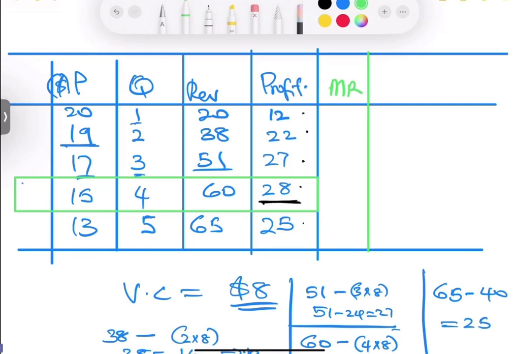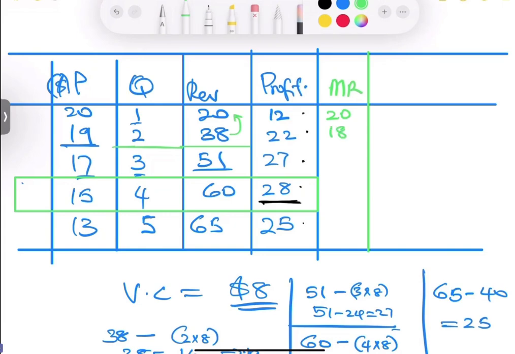So what is marginal revenue? We said marginal revenue is the extra revenue you make on extra units. So for the first one, the marginal revenue is 20 because that's the first unit. But by the time we produce the second one, which is 2 units, we are making total revenue of 38. So the marginal revenue will be 38 minus 20.